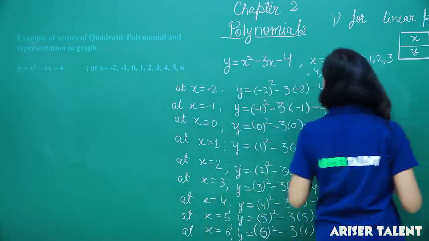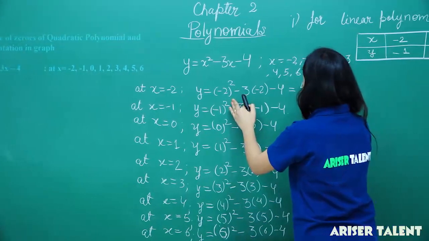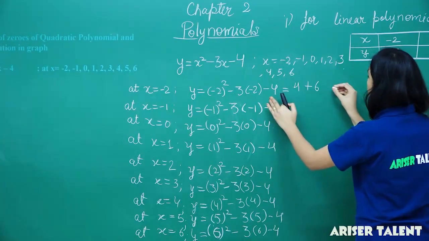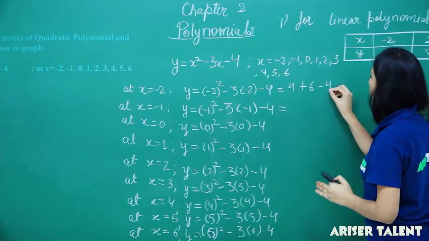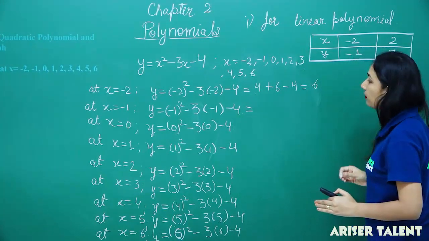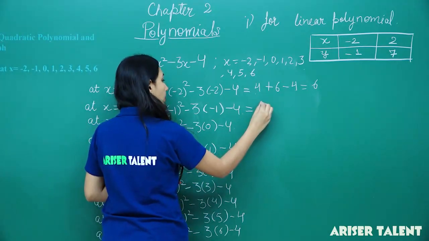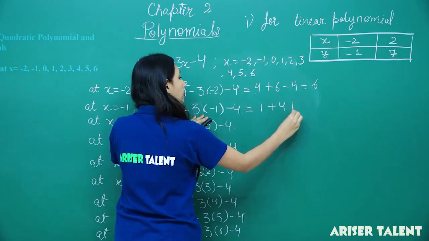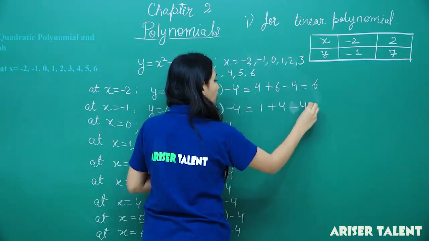Okay, so we'll calculate it. 2 to the 4, minus plus, then it will become plus 6 minus 4. Okay, so minus 4 and plus 4 we can cancel out, and this will be 6. Now look at this. This will be 1 plus 4 plus, no, this is minus 4.